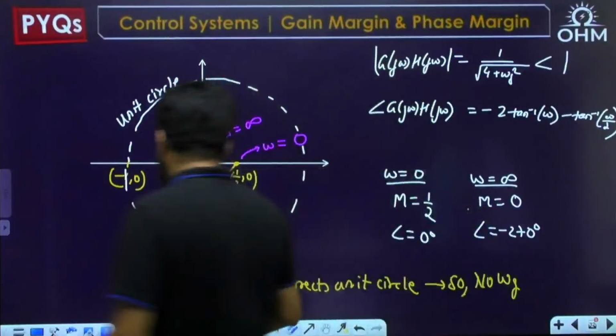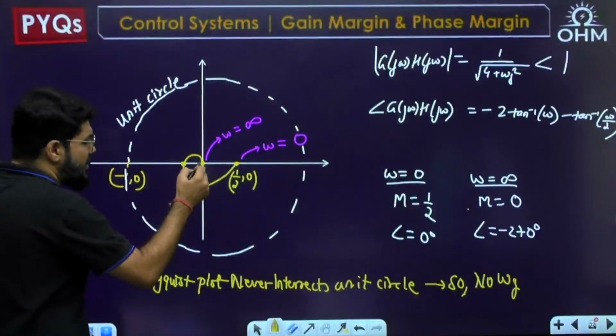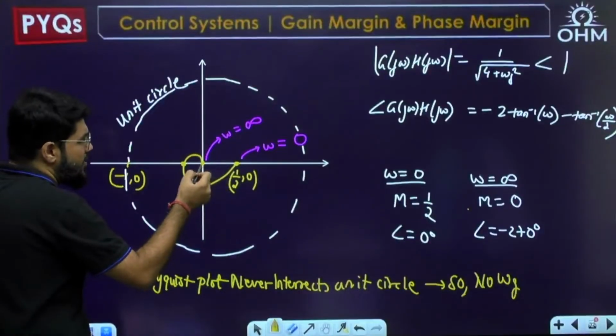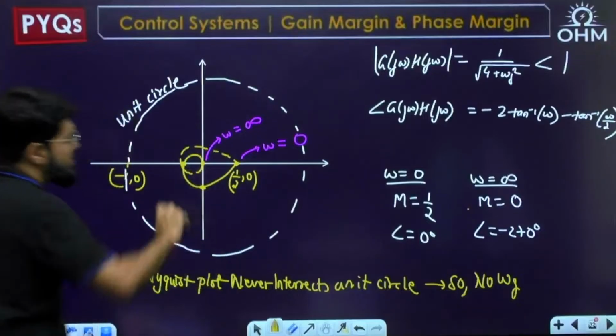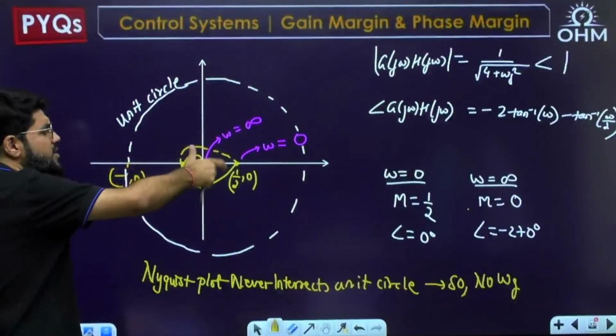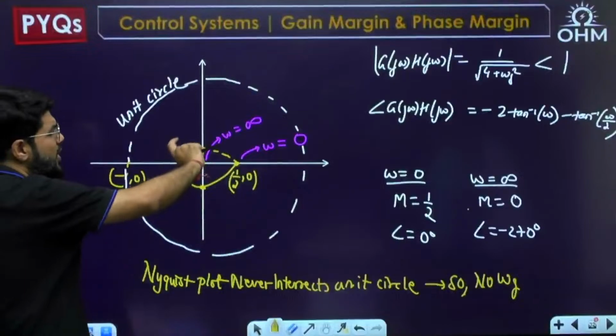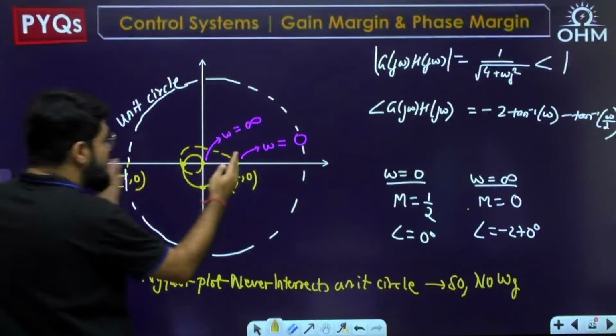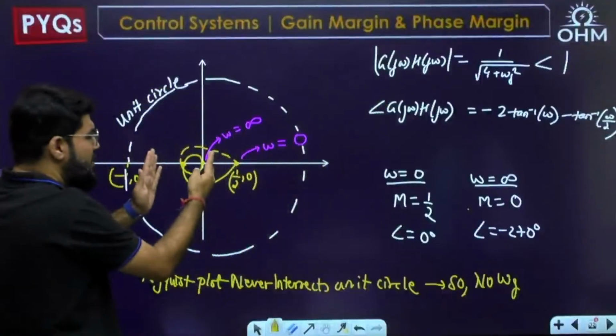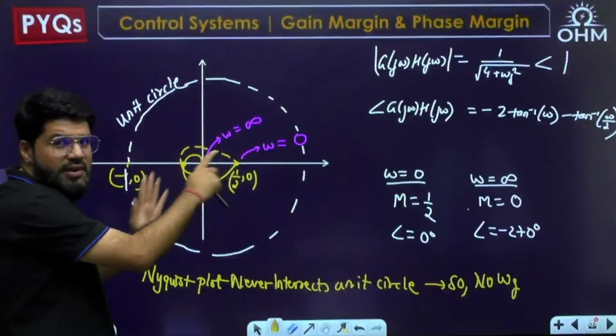So now tell me, how much can you rotate? Even if I draw the Nyquist plot by taking the mirror image of the polar plot about the positive x-axis, by how much can you rotate this plot before it reaches -1, 0? Because the magnitude is always less than 1, guaranteed.